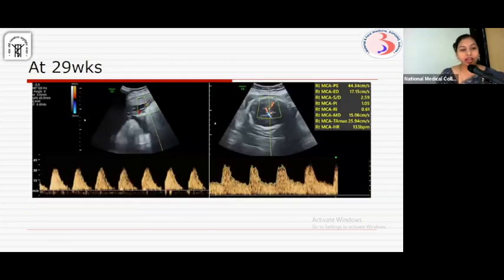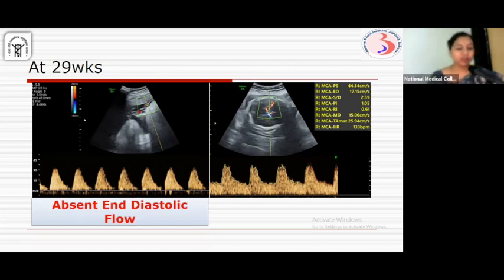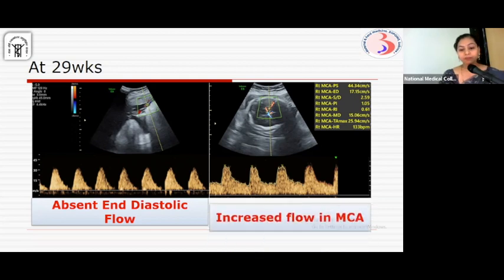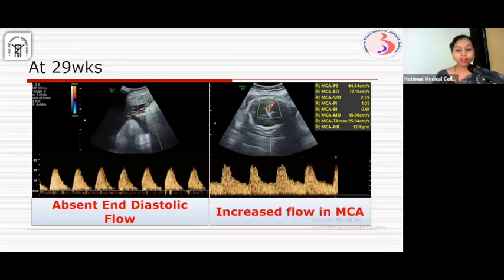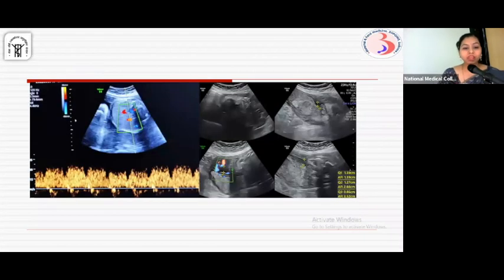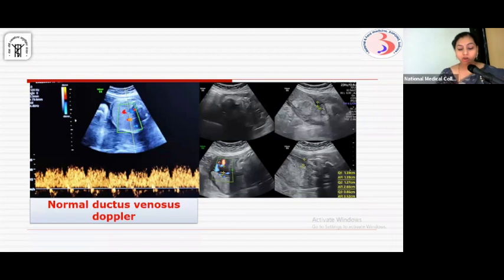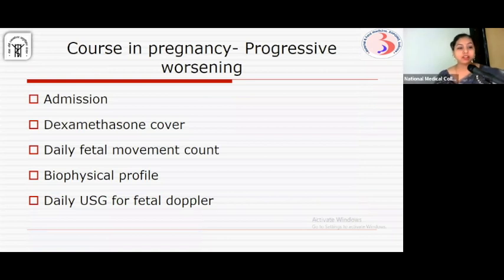At 29 weeks, the patient reported to us with an ultrasound study suggestive of absent end diastolic flow in umbilical artery, increased flow in middle cerebral artery, and normal ductus venosus flow, with progressively worsening oligohydramnios, AFI less than 4 centimeters.